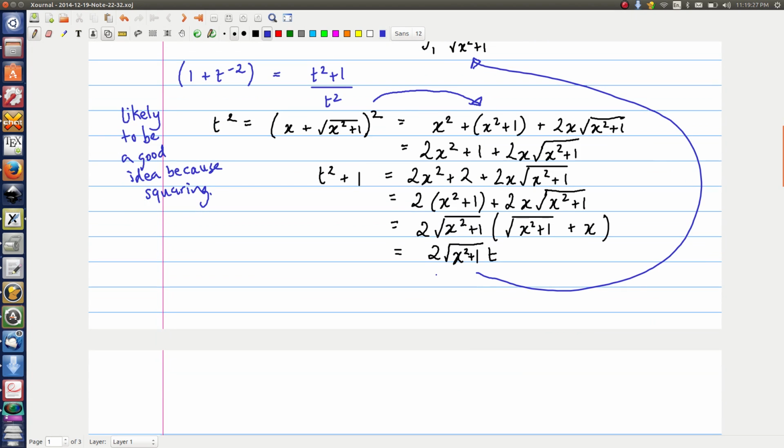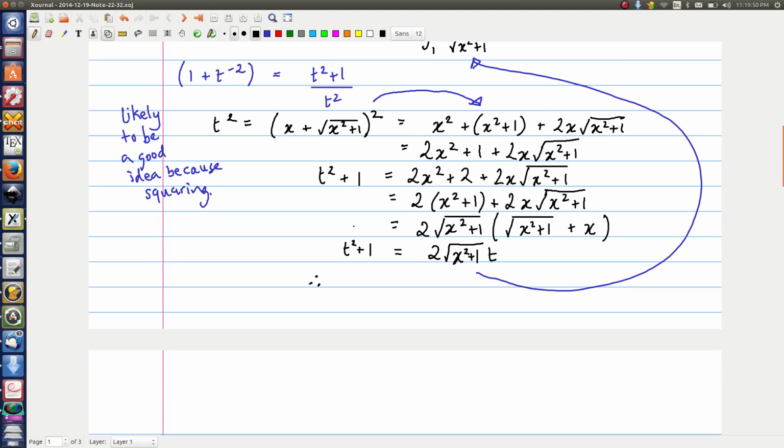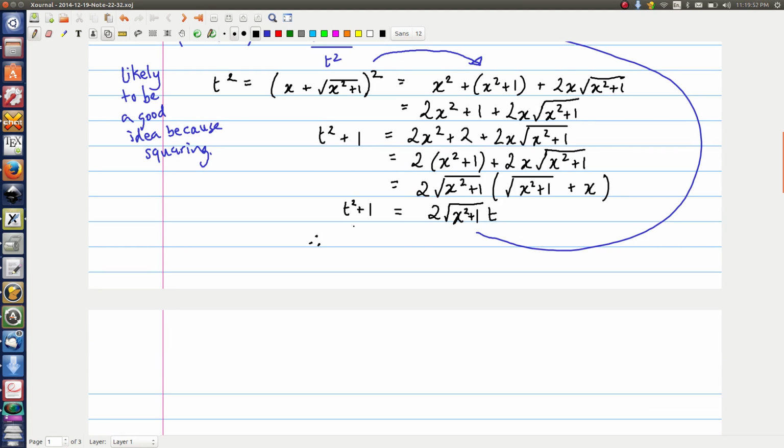Let's just finish off. So far we have that t squared plus 1 is equal to 2 times root x squared plus 1 plus t. So if I want, as I do from my version of the integral up here, t divided by root x squared plus 1, then I'm going to have to divide both sides by t squared.